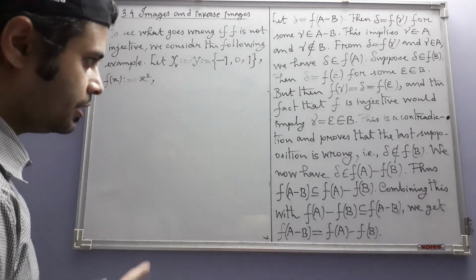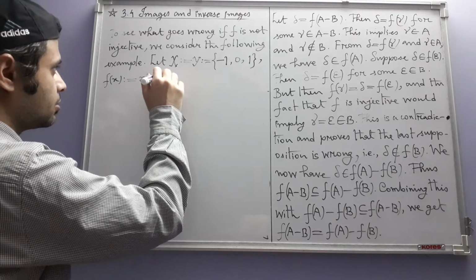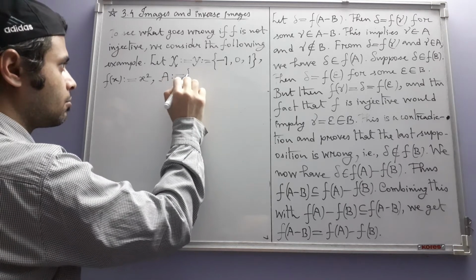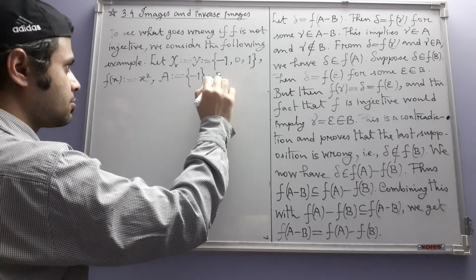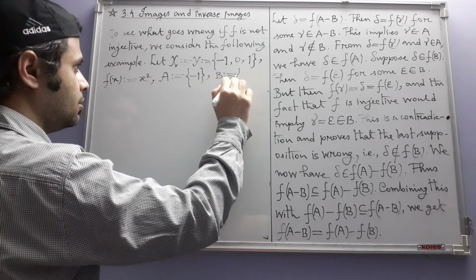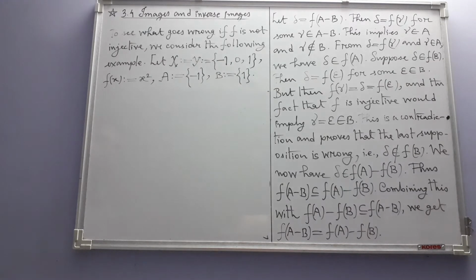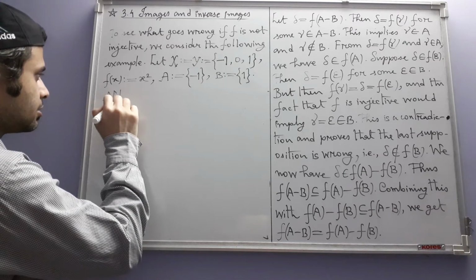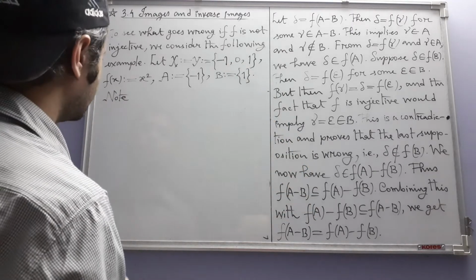And now we would need A and B. A is the singleton set consisting of -1 and B is the one consisting of 1. So for this example, we calculate the sets that we were dealing with in the solution.